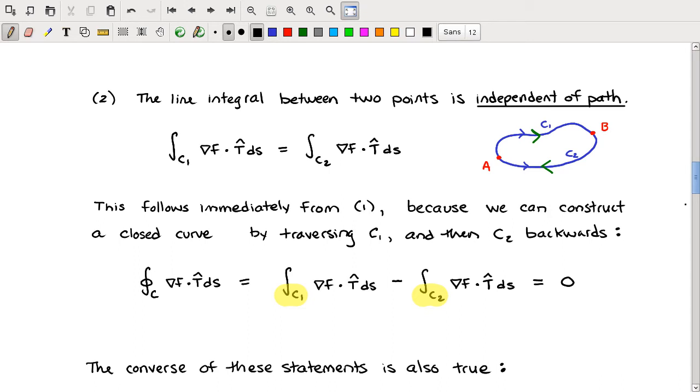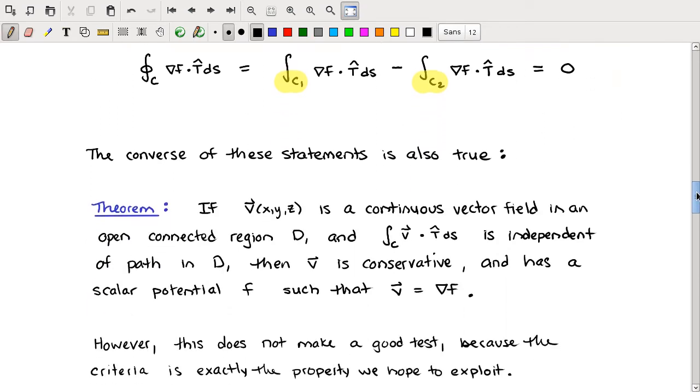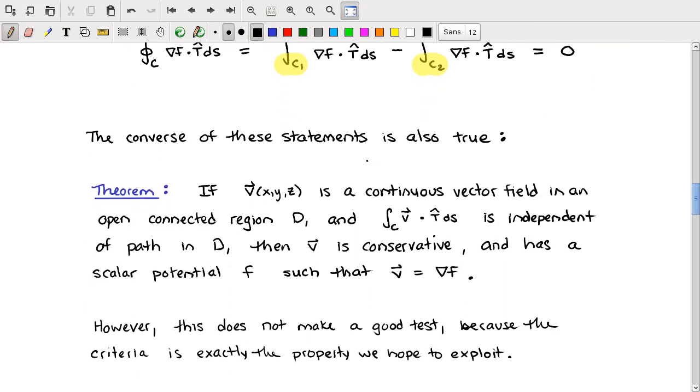There's a couple of other statements. We're working our way through some lists of properties of these functions, and I promise there's an example at the end. These are interesting properties of conservative vector fields, and there's a statement that will make more sense later. It says that if v is a continuous vector field and has this property that it's independent of path, then the vector field is conservative.